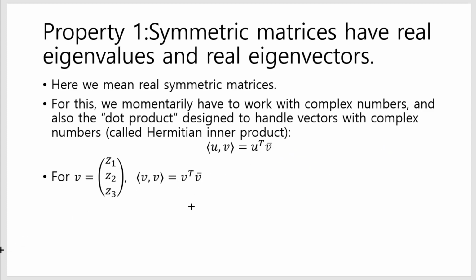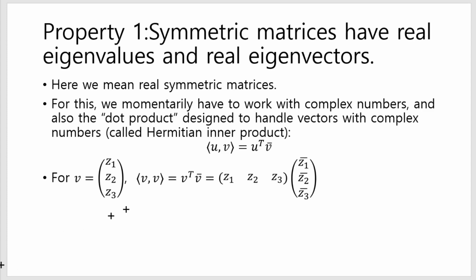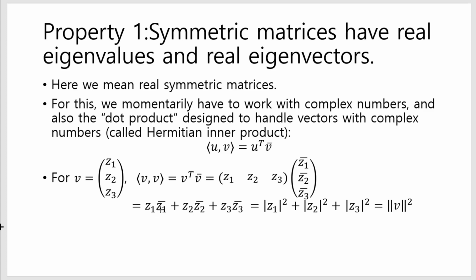Now, let's say you have any vector z1, z2, z3. These could be complex numbers. I want to show you something. If you do v inner product with v, then if you do the actual calculation, you end up with z1 times z1 bar, z2 times z2 bar, and so on.